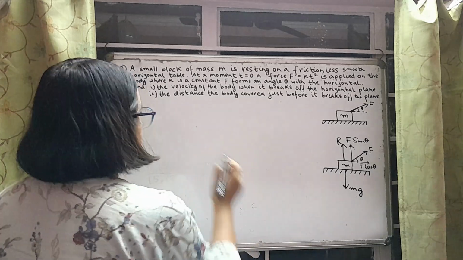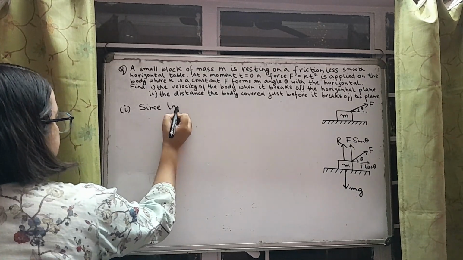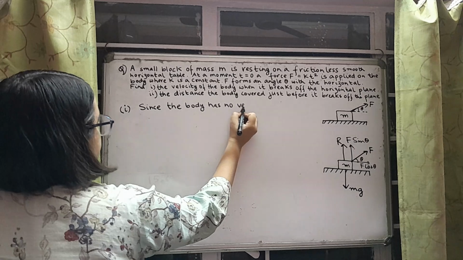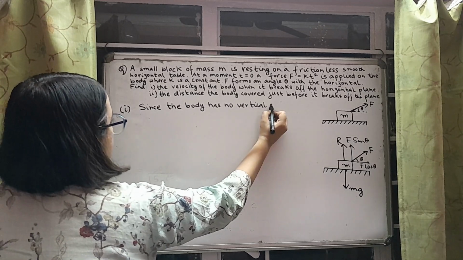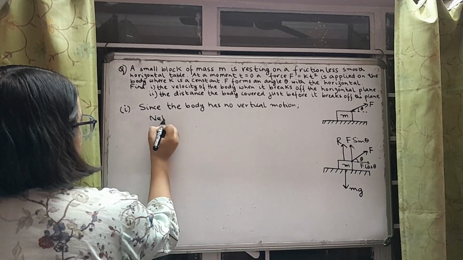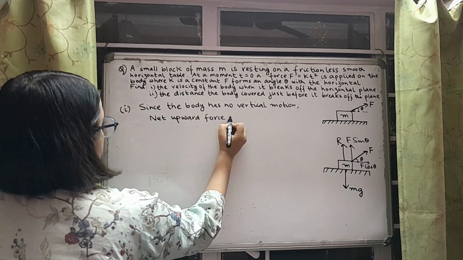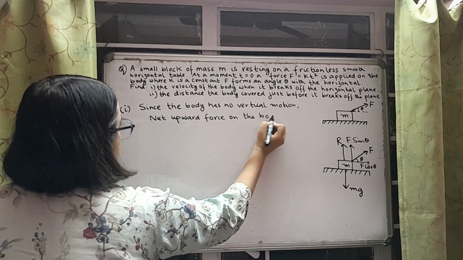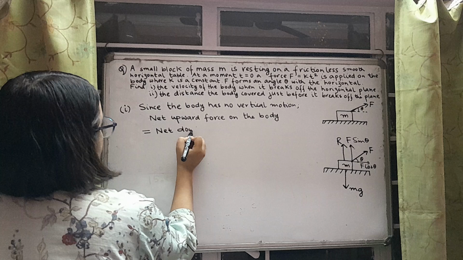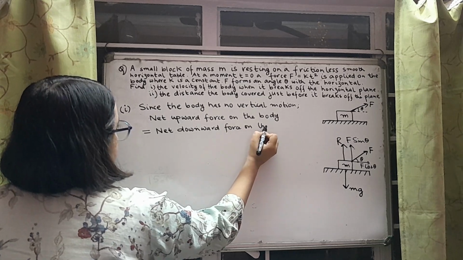Since the body has no vertical motion, we can say the net upward force acting on the body is equal to the net downward force on the body.